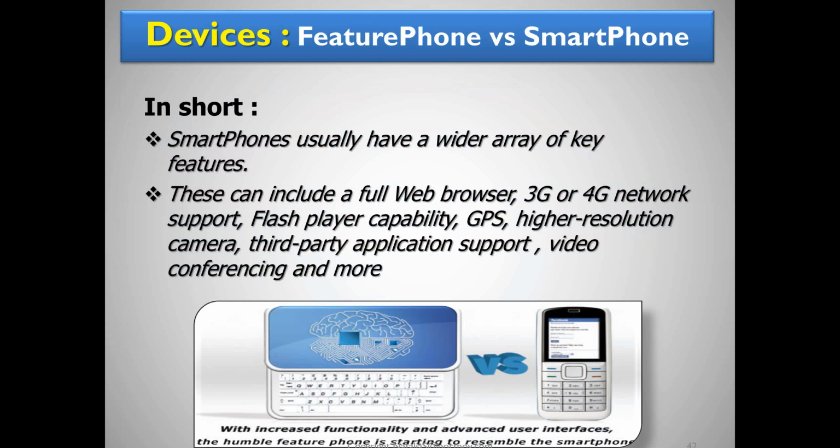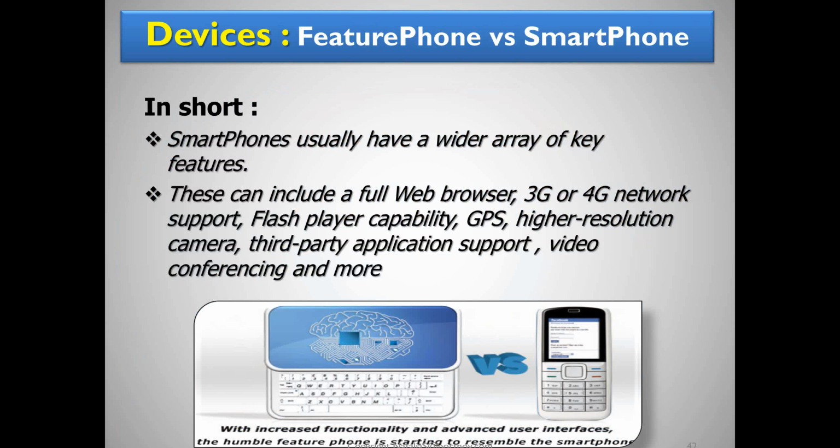So in short, smartphones usually have a wider array of key features, and they can include a full web browser, 3G, 4G, and 4G LTE. I need to update this slide a little bit. Flash player, GPS, high resolution camera, third-party application support like video conferencing, and much, much more.